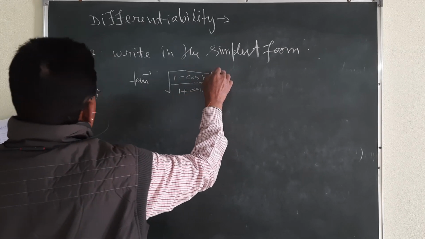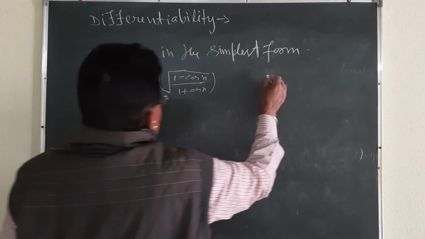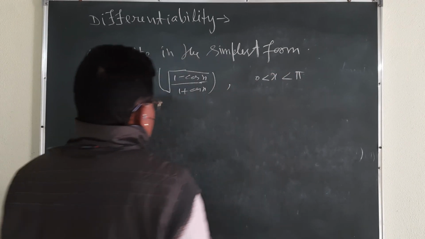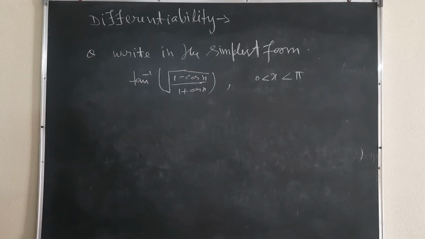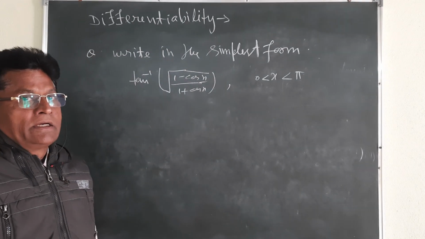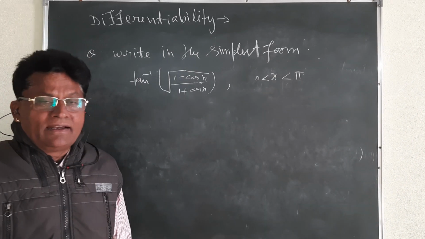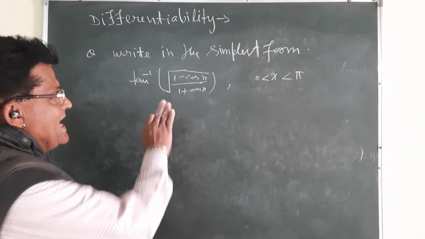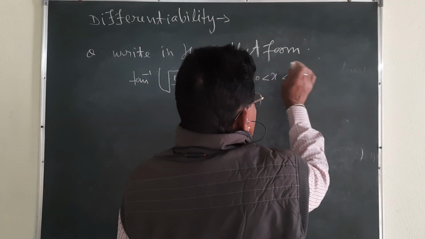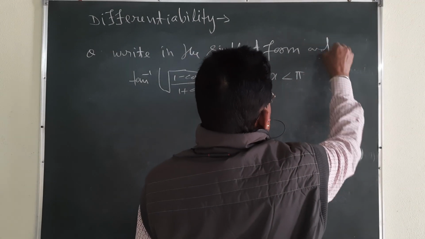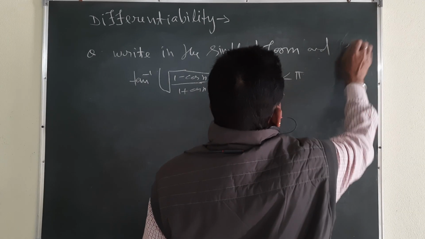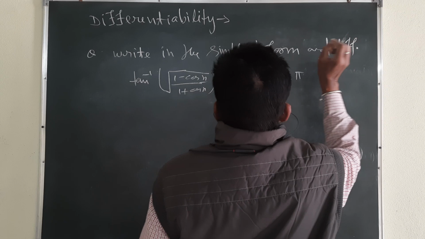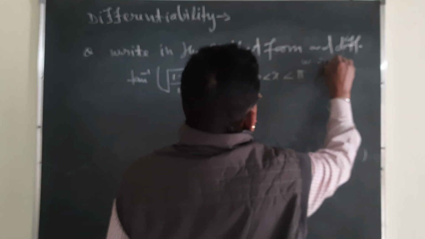A very important function. Dear student, the condition is there, x is less than pi but greater than 0. x means theta. A very important question. It is given in the inverse trigonometrical function, and I am writing it in the simplest form and differentiating with respect to x.